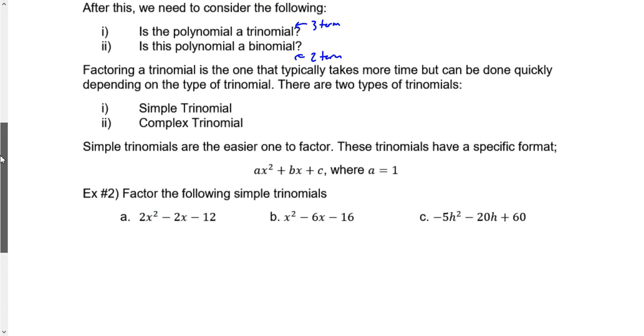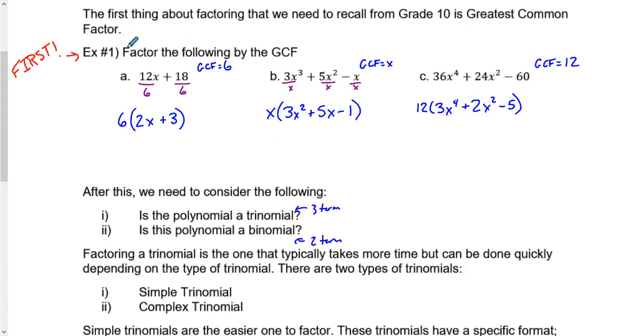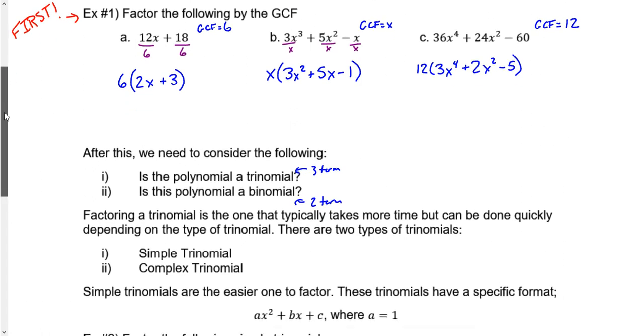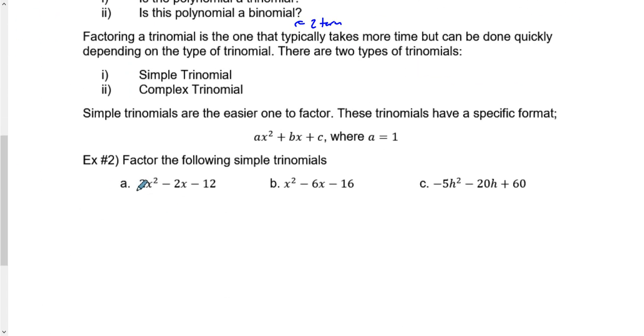But if we remember, you have to factor the greatest common factor first. There is a greatest common factor between these 3 terms. It's a 2, so we factor that 2 out. We would be left with an x squared, subtracting x, subtracting 6.